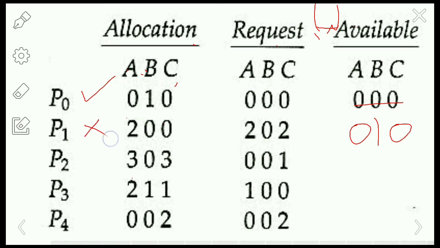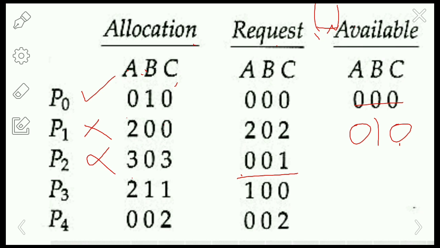Next, process P2 is false, since it has not executed, and we check whether its request 0 0 1 is less than or equal to work 0 1 0. It is not, so P2 will also not execute successfully.